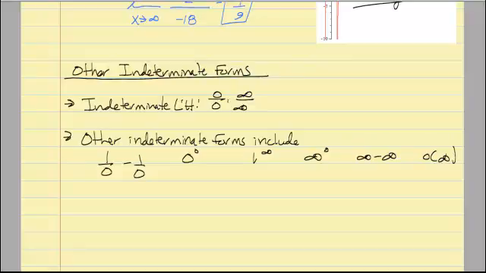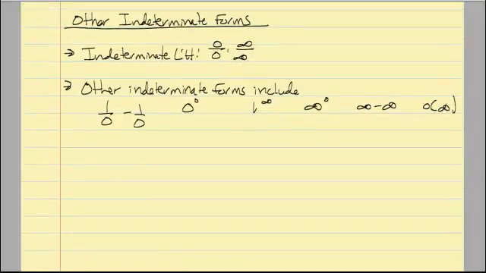These are all indeterminate forms. And you might say, wait a minute, 0 times anything is 0, so how could this be indeterminate? But I'm not talking about just arithmetic here. I'm talking about the concept of a limit, the behavior of a graph. These are not multiplying arithmetically. These are looking at the behavior of a graph at a particular point.